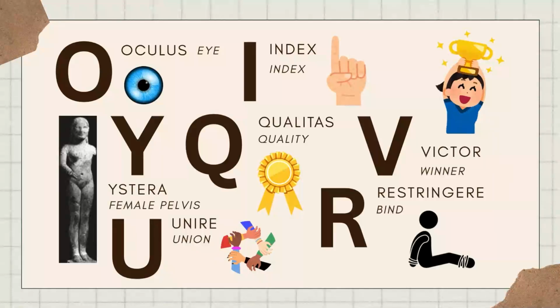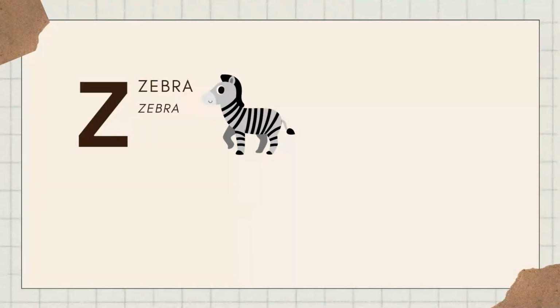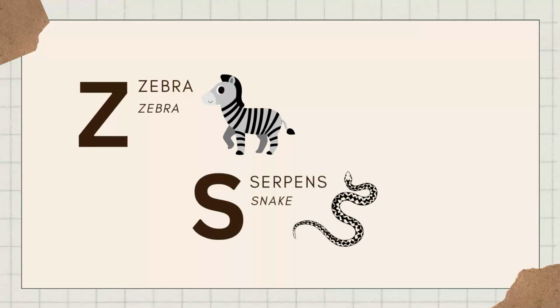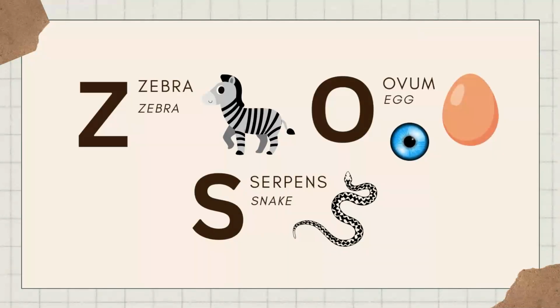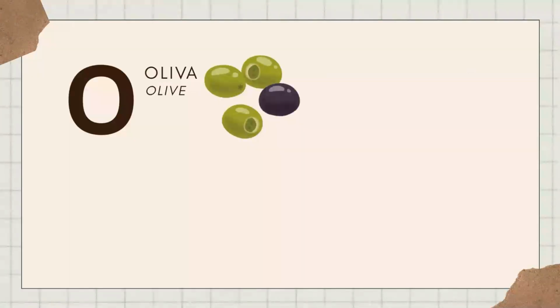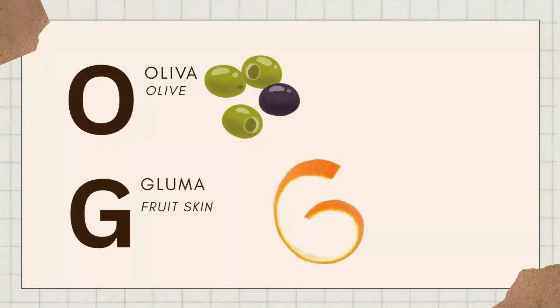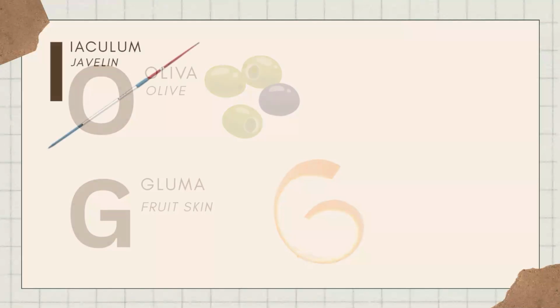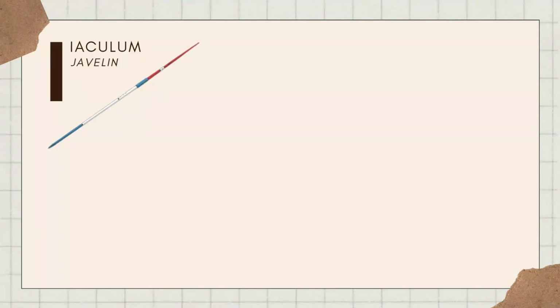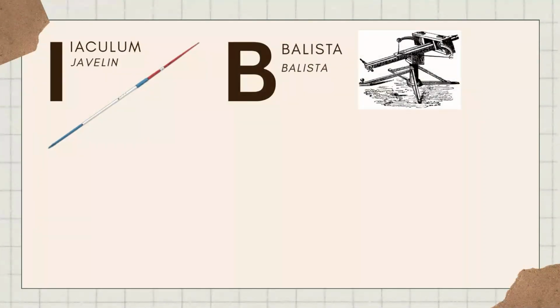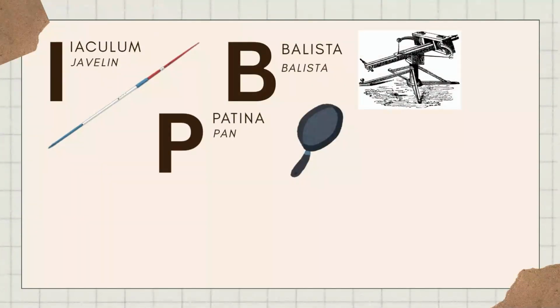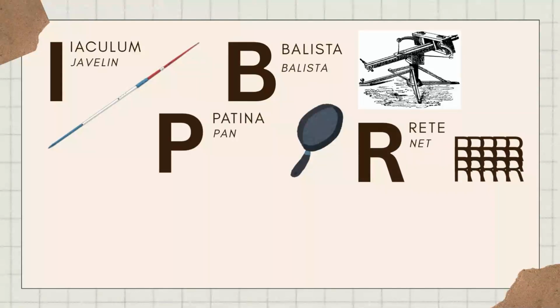Among animals, Z brings to mind the stripes of a zebra, while S slithers like a snake. O, once again, is both the egg and the eye. In the world of plants, O is for the olive, and G suggests the wrinkled skin of a fruit. Tools and trades are also hidden in the letters. I may be seen as a warrior's javelin, B as a ballista, P is a pan in the kitchen, and R is the mesh of a fishing net.